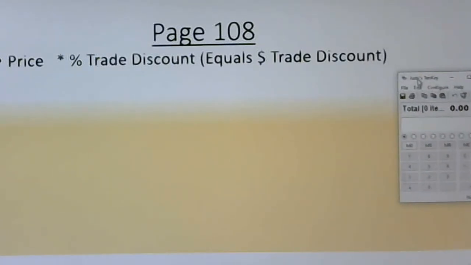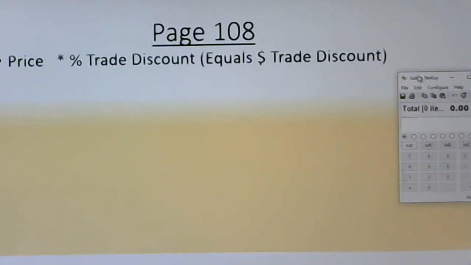Okay, on page 108, let me back up. What I just covered was on page 105, and I just made up my own number.